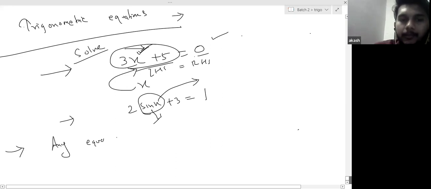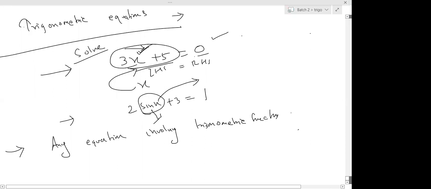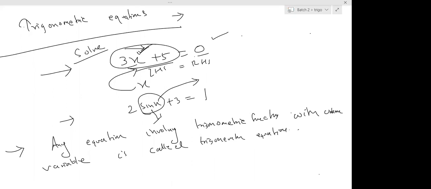Any equation involving trigonometric function with unknown variable is called trigonometric equation. All right, note it down.